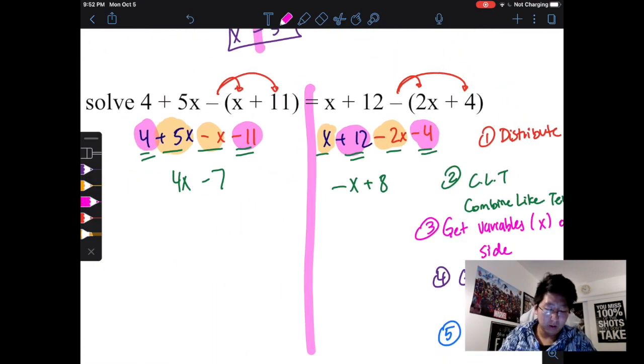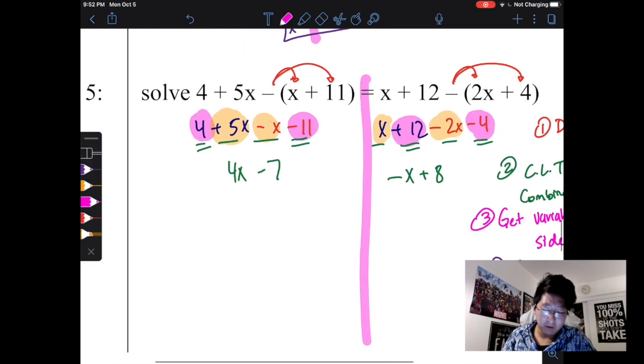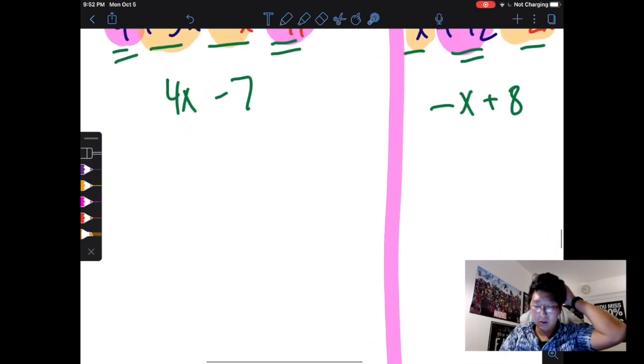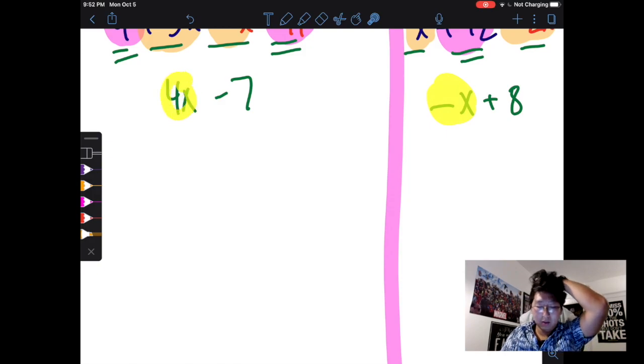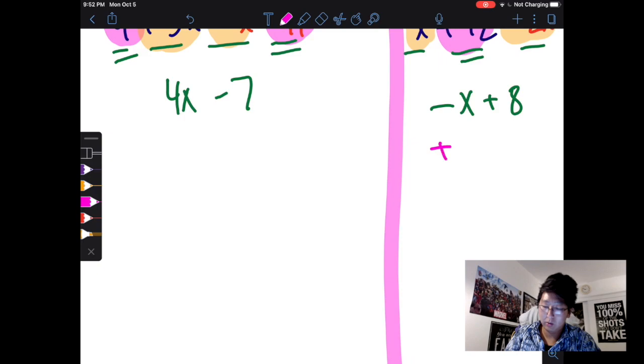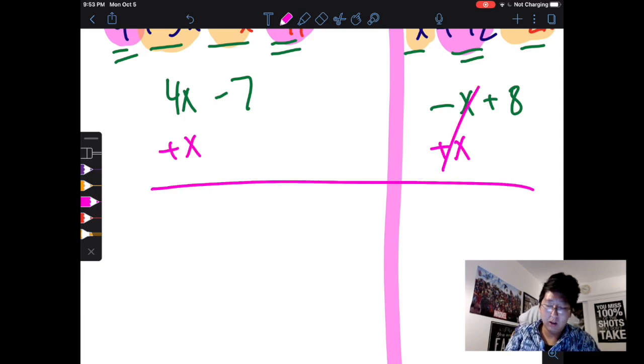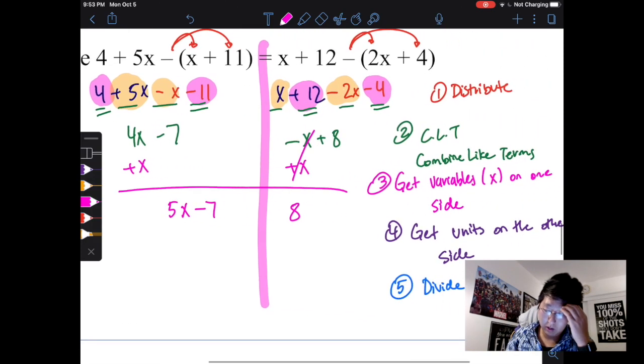Let's get x on one side. So here's the key. Which x is smaller, negative x or positive 4x? The smaller one is negative x, so we're going to do the inverse. Plus x on both sides, and we get 8 equals 5x minus 7. So we got x on one side.